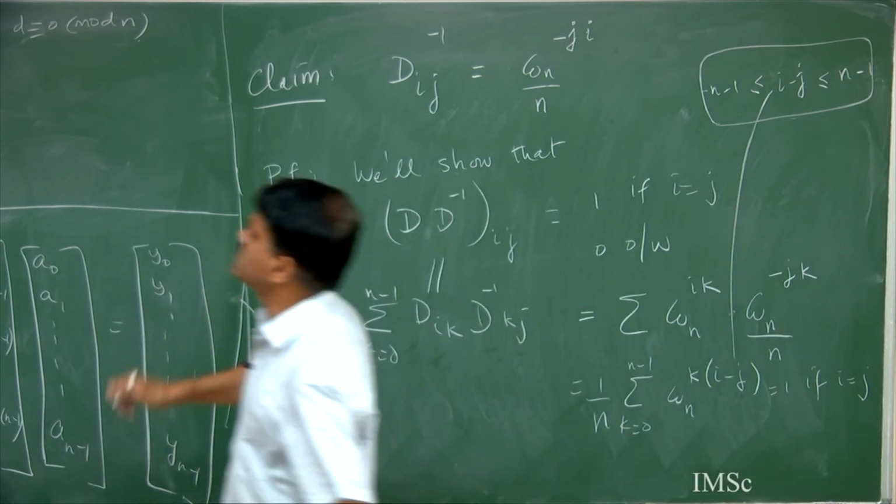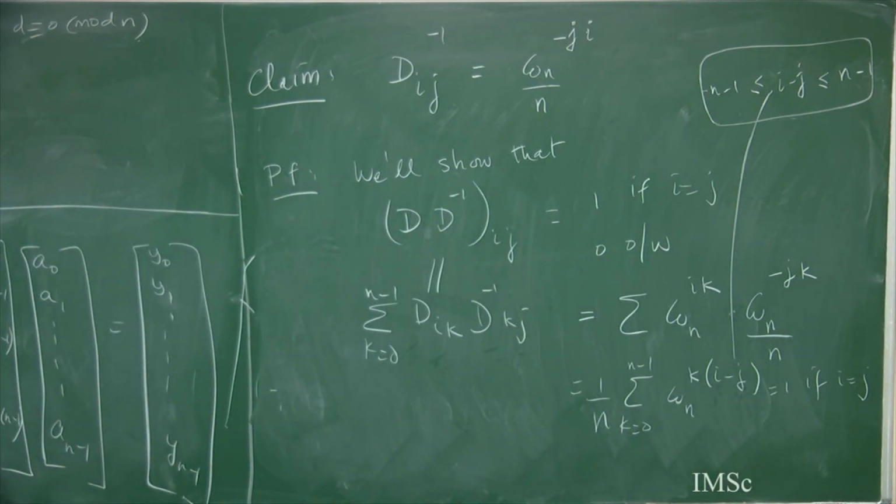Okay, what is the proof of this? It's just the simple geometric series proof. What you have is omega n power d as the common ratio, and you're summing over a geometric series, and whatever formula you've seen for the geometric series sum holds even for complex numbers.